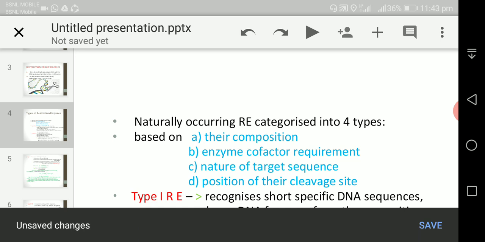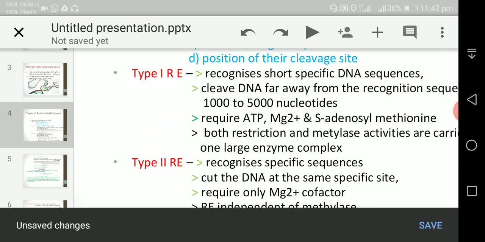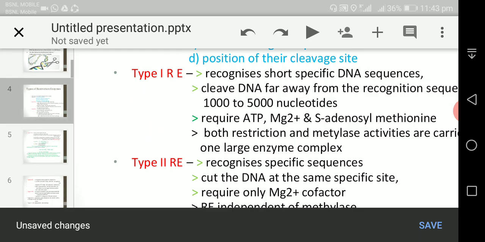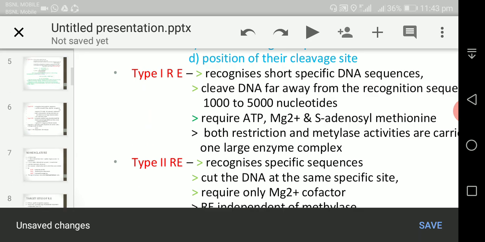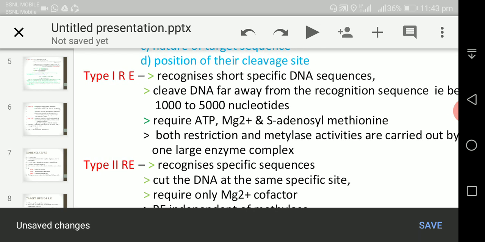They are type 1 restriction enzymes, type 2 restriction enzymes, type 3 and type 4 restriction enzymes. Type 1 and type 3 restriction enzymes, though they recognize short specific DNA sequences, they cleave far away from the recognition sequence.